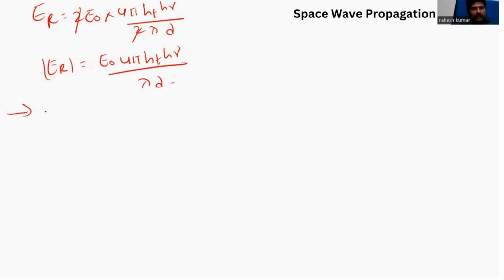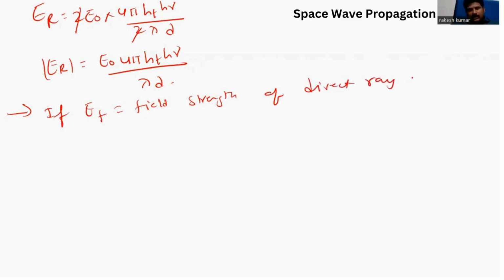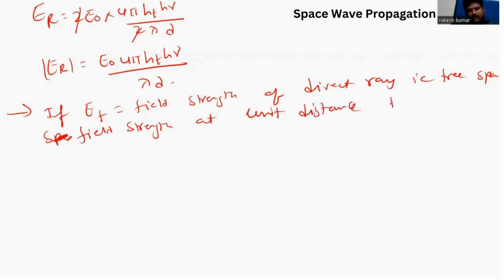Okay, so next, if F represents the field strength of direct ray, that is free space field strength at unit distance, then E naught is equal to F by d.